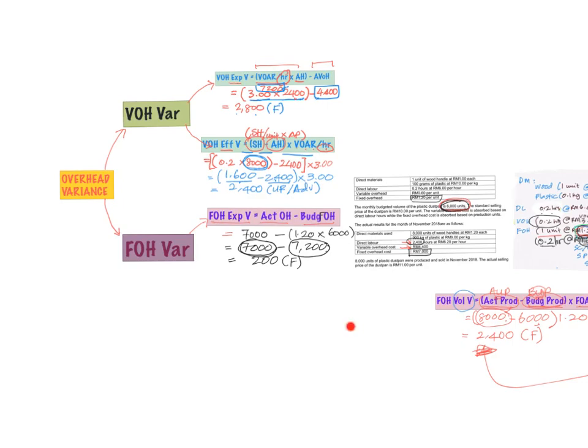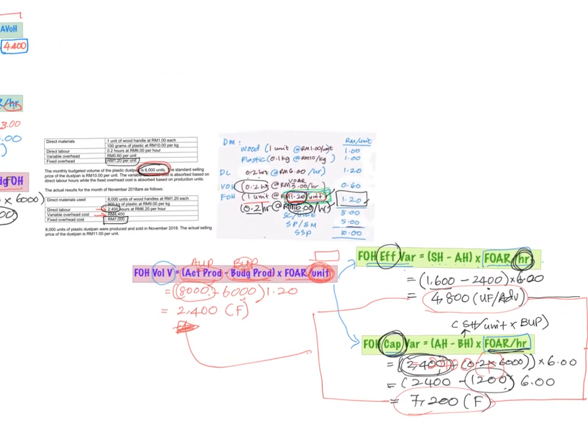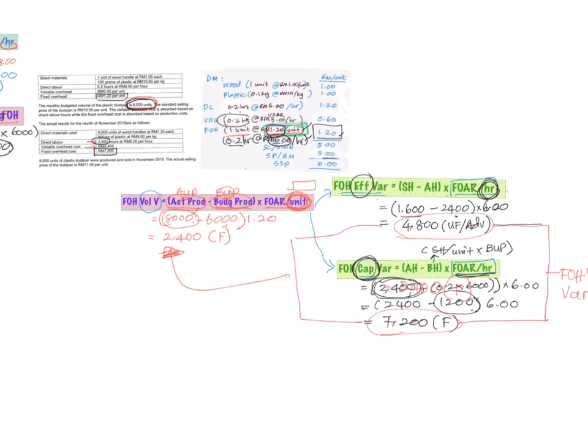When we look further, fixed overhead volume variance can be divided into two: fixed overhead efficiency variance and fixed overhead capacity variance. When you calculate the fixed overhead volume variance, you get the same answer when you total up these two variances.